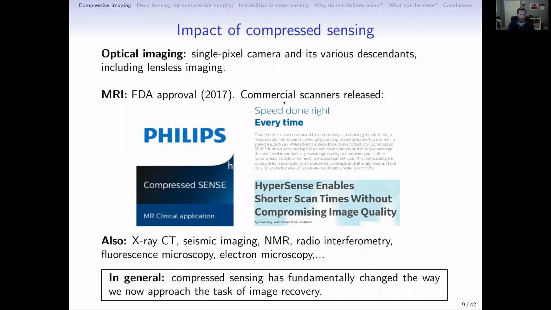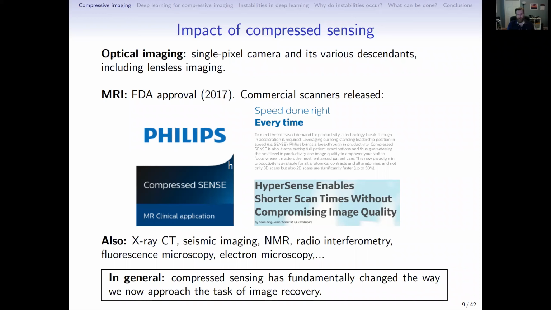Since then, compressed sensing has been used, or tried, for a lot of different applications, and it's now had actual impact in commercial devices. In 2017, compressed sensing techniques received FDA approval, and now you can actually buy scanners that use these techniques. Philips, Siemens, and GE all now have a compressed sensing implementation in their scanners.